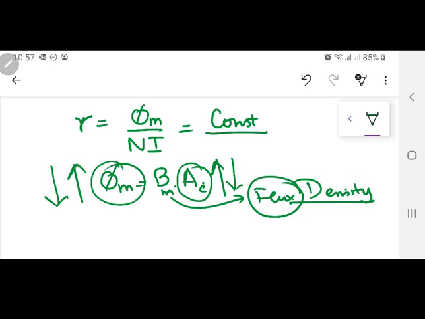But this is a very important factor. If area is going to be large, the length of the winding is also going to be large. So copper losses are also going to increase. They are interlinked. You can't say that एक को कम करेंगे तो अगला वाला बढ़ जाएगा. So this is interlinked over there.